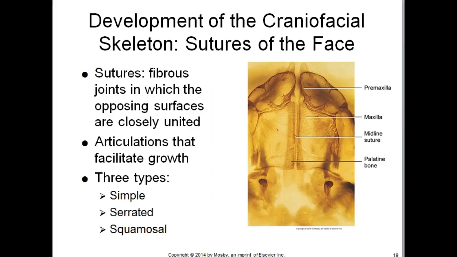A suture is the line of junction or a non-movable joint between two bones, especially of the skull. Sutures are seen in the midline of the palate between the premaxillary and maxillary bones and between the maxillary and palatine bones in the posterior palate.